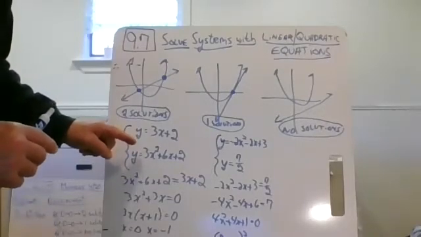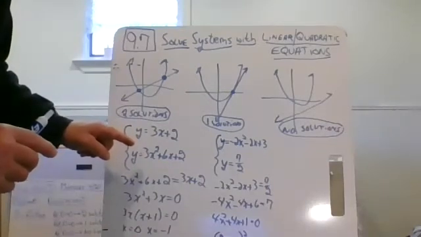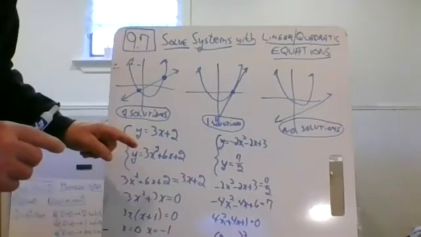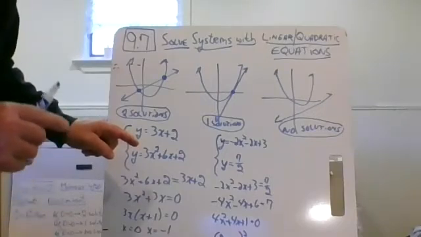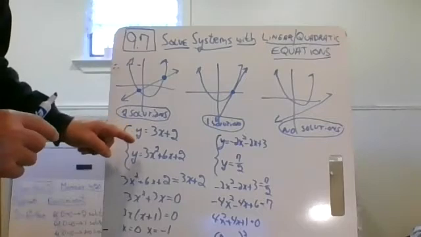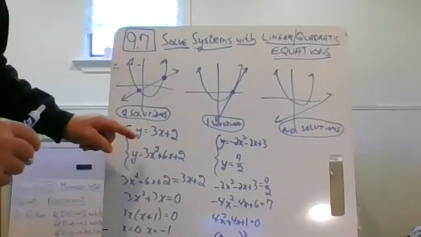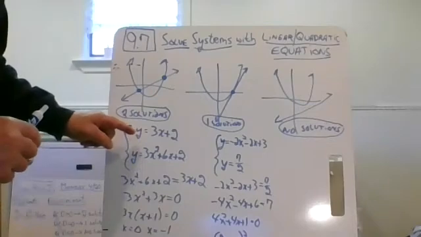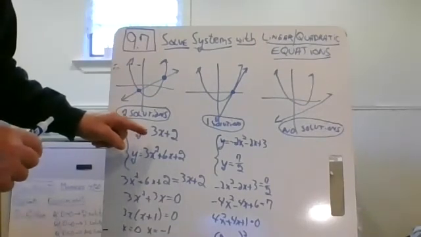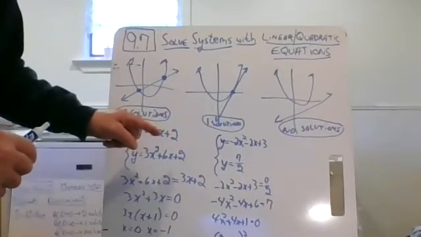The first method is we could graph these 2 equations on a graphing calculator. So get your graphing calculator out and let's see if we can come up with them. Go to y equals, y sub 1, and put y1 equals 3x plus 2.